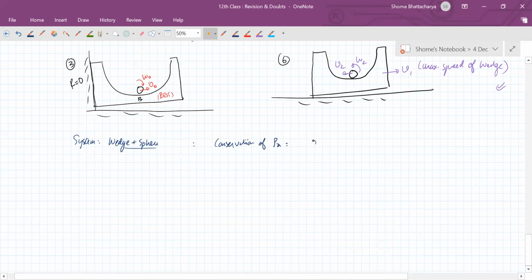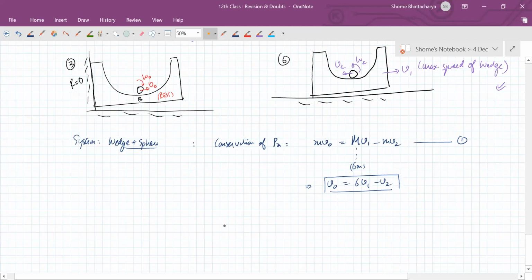Okay. So small m v naught will become capital M v1 minus small m v2. So that's our first equation. So you can substitute this as 6 times small m. So this will become v naught is equal to 6 v1 minus v2. This is our equation 1.